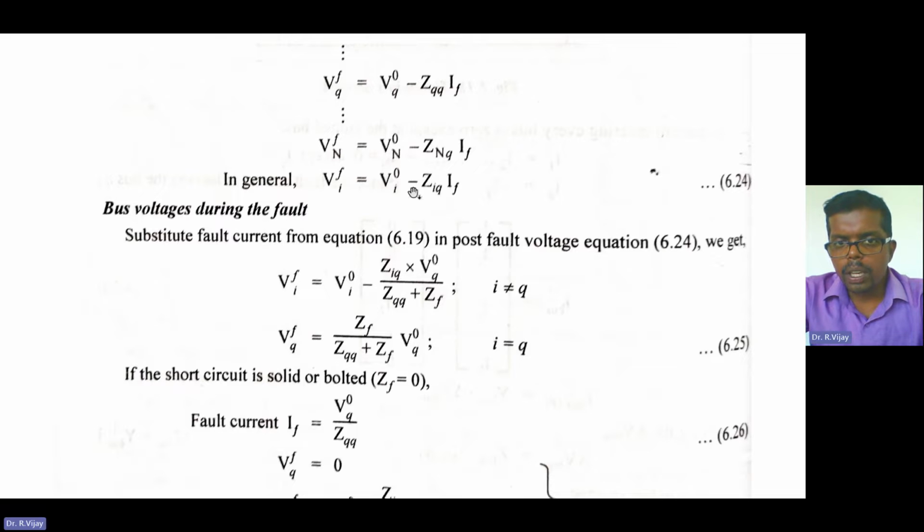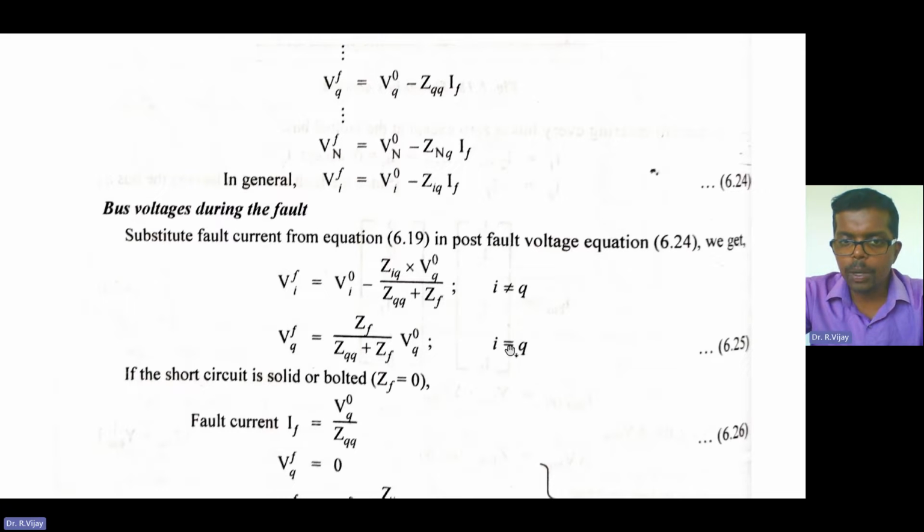So what is this VQF? VQF is nothing but ZF divided by ZQQ plus ZF into VQ naught. That is fault voltage at the Qth bus, based on this equation, into VQ naught. That is for I equal to Q. If I is not equal to Q, this is the equation.